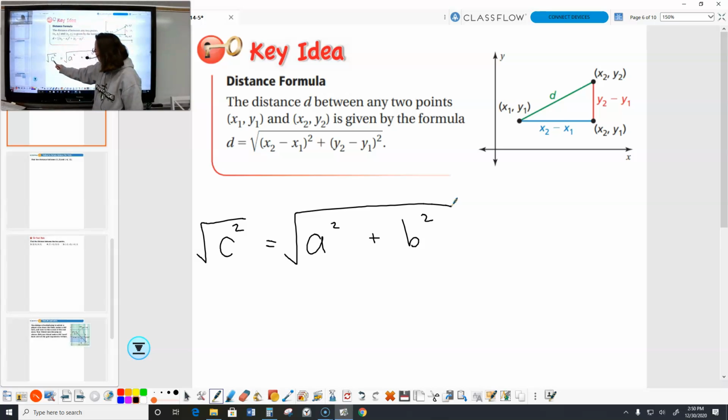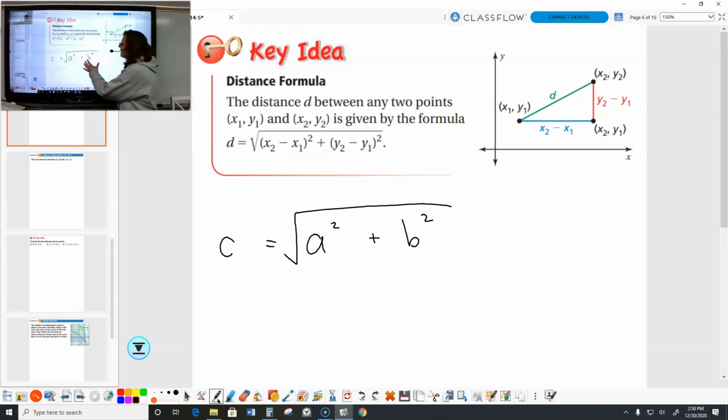So now what do we have? We have the square root of c squared. The radical and the exponent are inverse operations, and they're going to cancel each other out, and we'll end up with just c. So the hypotenuse is equal to the square root of the sum of the squares of the two legs.